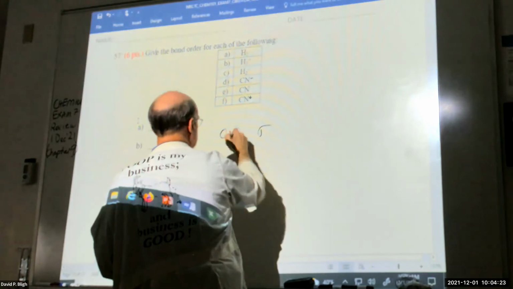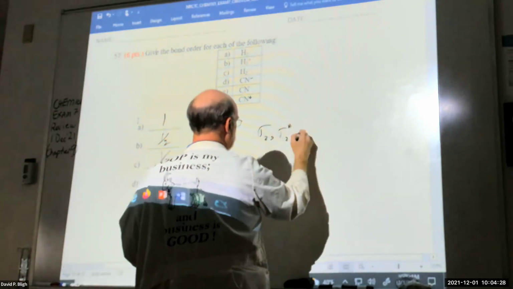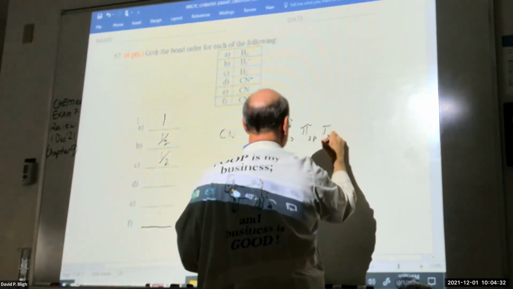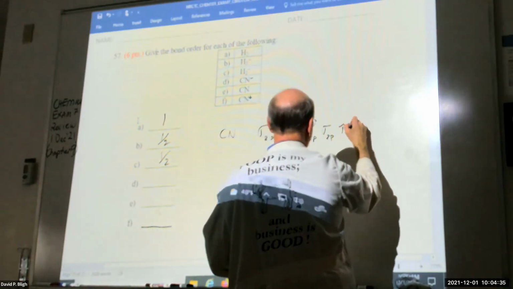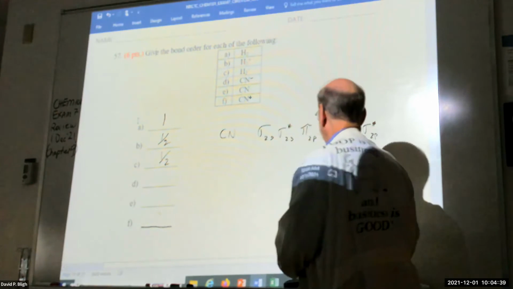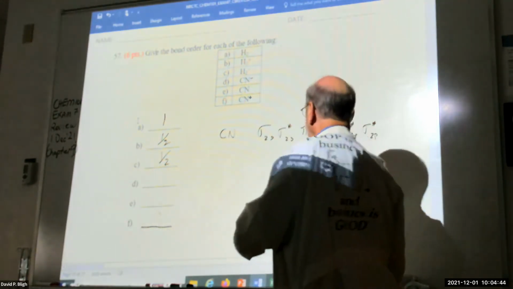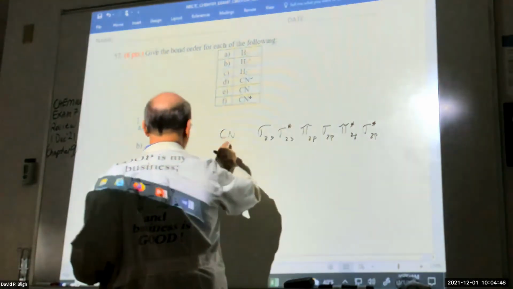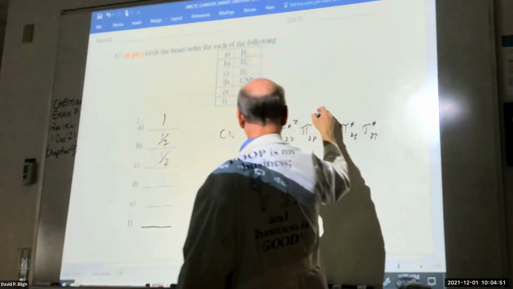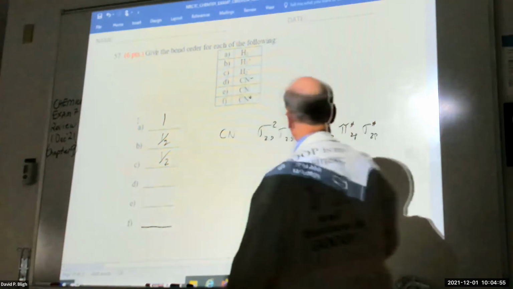For CN, we're going to have sigma 2s, sigma star 2s, then pi 2p, sigma 2p, pi star 2p, and sigma star 2p, because it's mixing, inverted. So we have 4 and 5 is 9. 2, 4, and 4. 9, right?